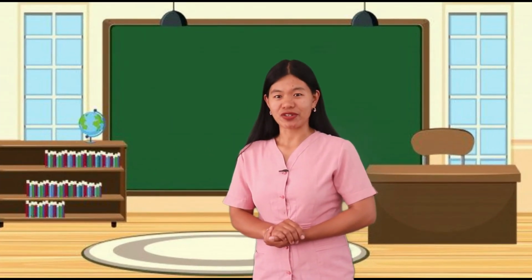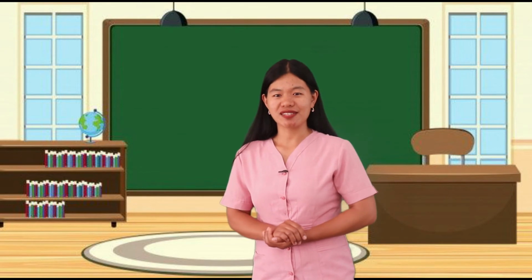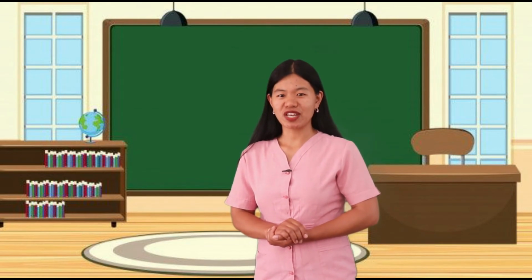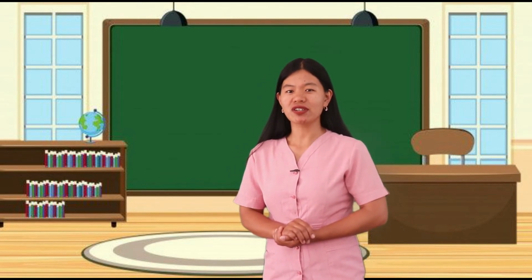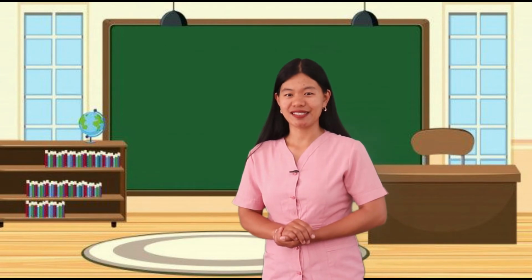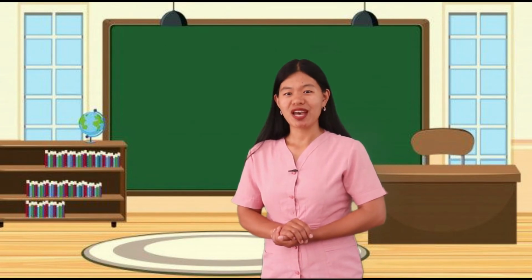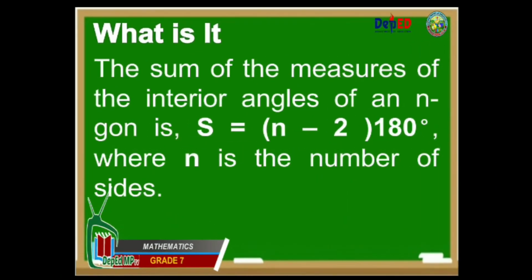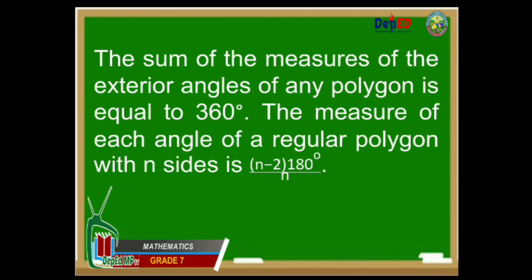What did you discover? What is the sum of the measures of the interior angles of a polygon with 10 sides? What about an n-gon? The sum of the measures of the interior angles of an n-gon is S equals the quantity of n minus 2 multiplied by 180 degrees, where n is the number of sides.